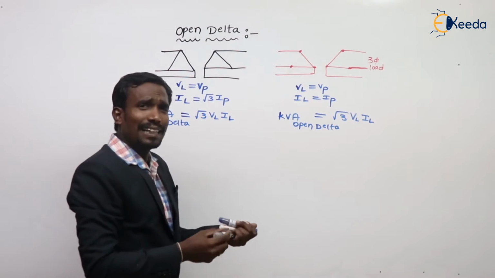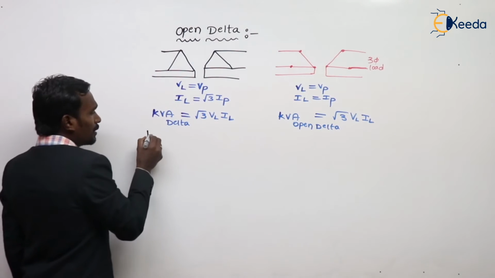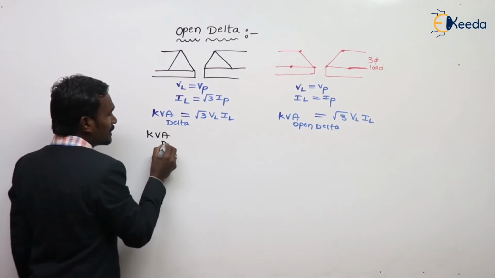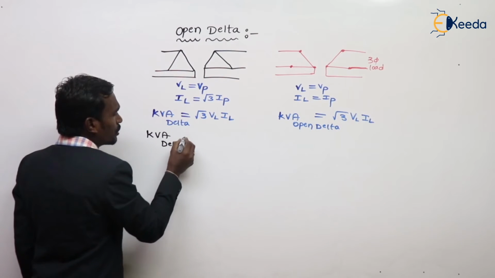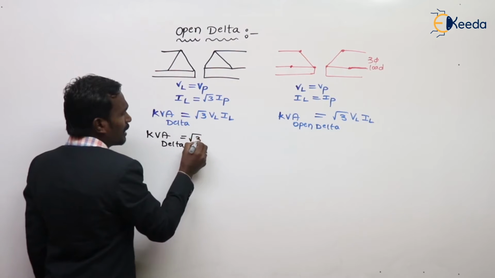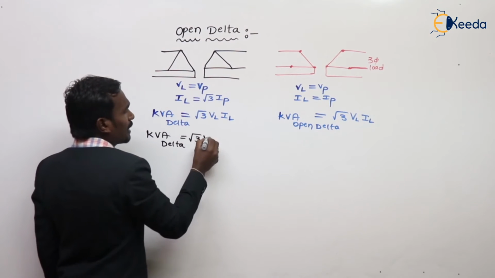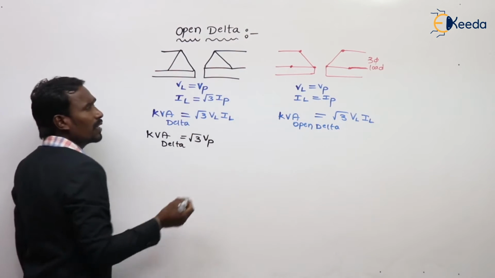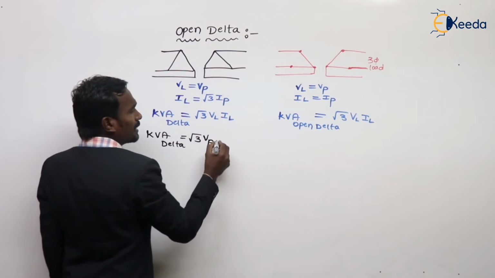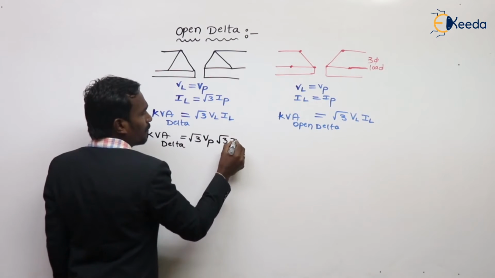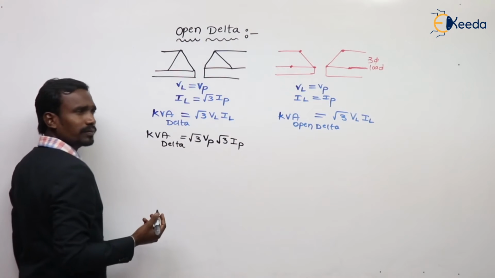But let's calculate. The kVA rating of delta is equal to root 3 times VL, where VL is nothing but V phase, and IL is nothing but root 3 times I phase.